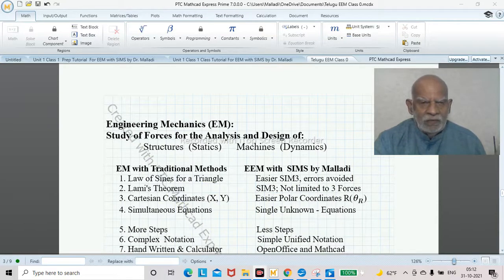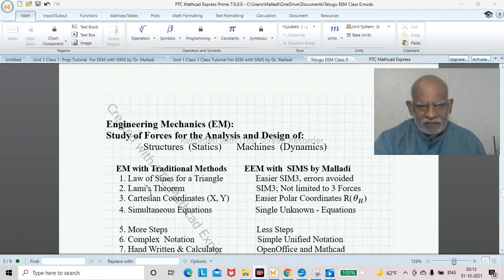Now, number 1: this is the traditional method, and this is the one with Sims by Malladi. That's me. Now, 1, the law of sines for a triangle. I derived the law of sines, and using easier symmetry, errors are avoided this way.